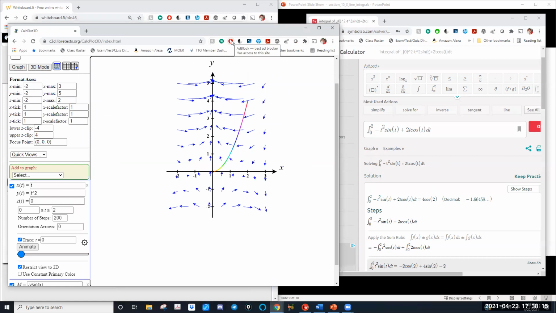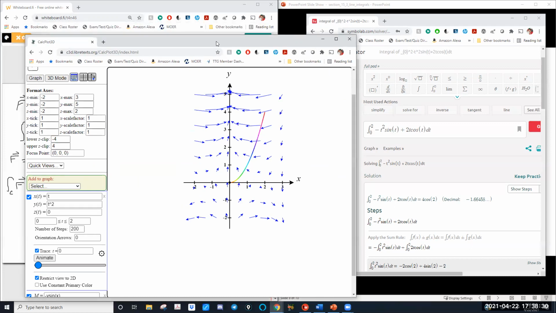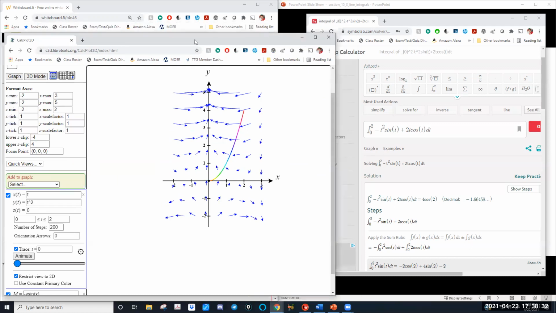Once you set up the integral, feel free to use Symbolab or Wolfram Alpha to calculate it, because I don't want you to spend a lot of time on that. But if you got any questions, hopefully that helped with the setup of a line integral over a vector field. Questions at this point?